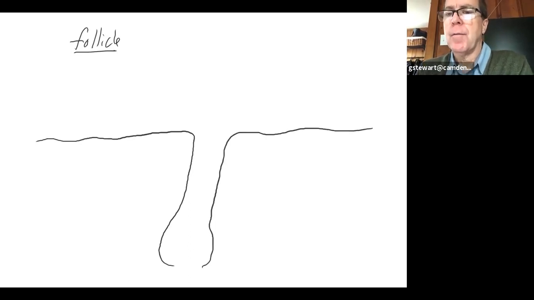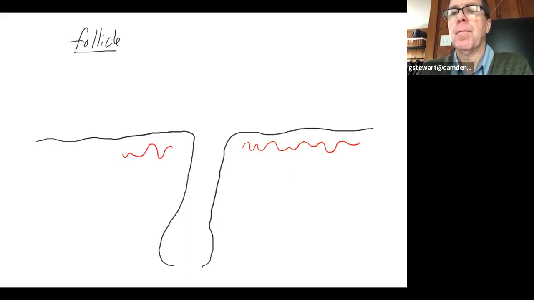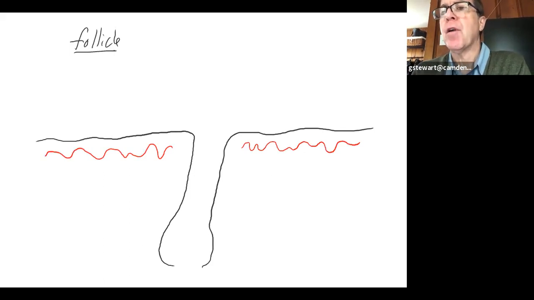Now I'm going to draw this wavy line separating dermis from epidermis. So everything above that red line is epidermis and everything below it is dermis. The interesting thing about this hair follicle is the wall of it, the epidermis extends way down around the follicle like this.